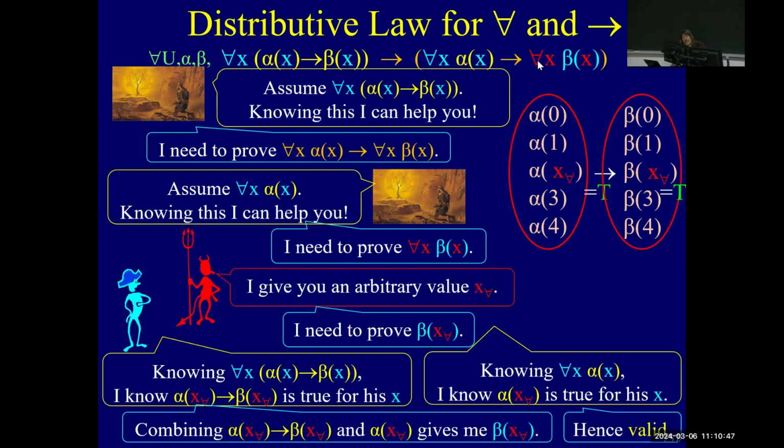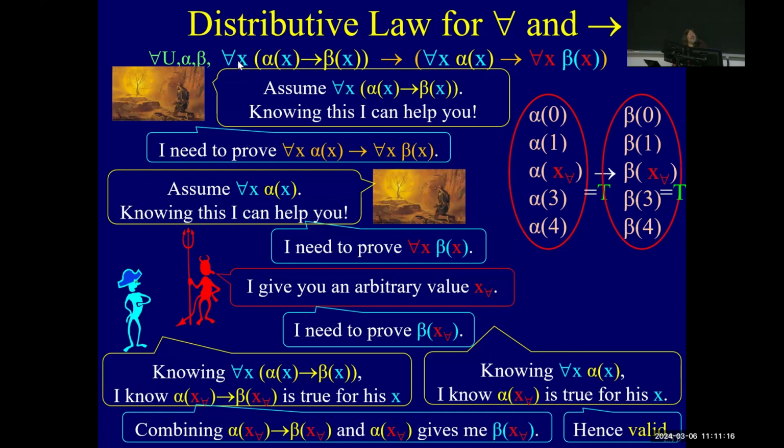All right, so now I need to prove a for all x. How do you prove a for all x? Arbitrary x, right? So I have an arbitrary x, and I need to prove that beta is true for it. Then I don't know how to do that, so I go up to my oracles, and my first oracle says something is true for every x.